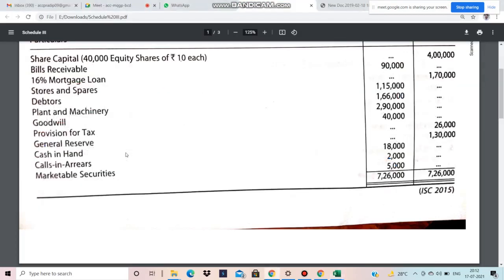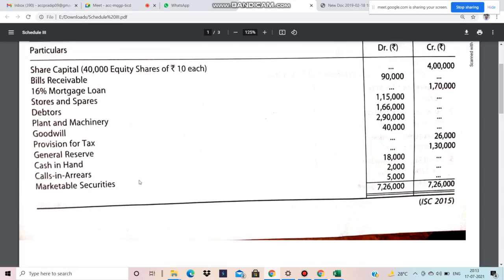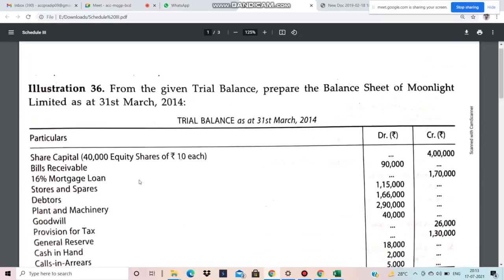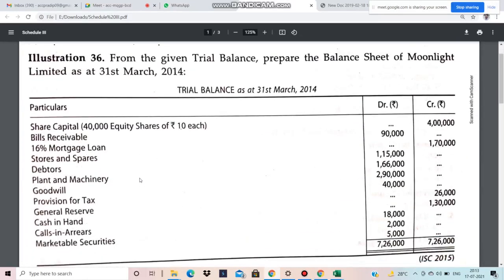Now the inventories means stock. Under the stock, the stores and spares are there, so they also come under the inventories.